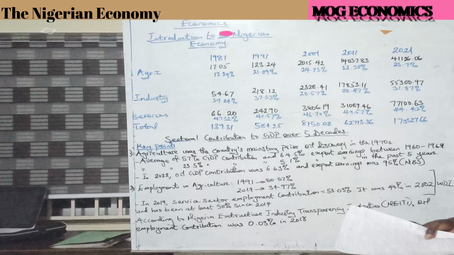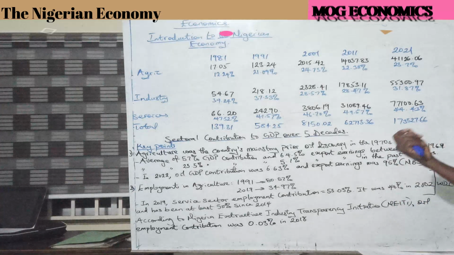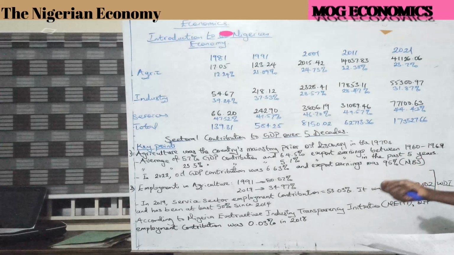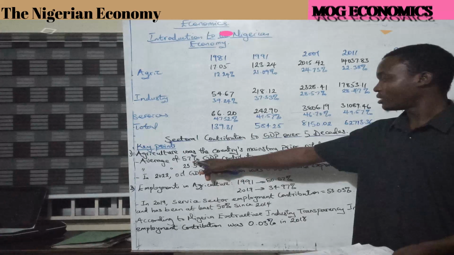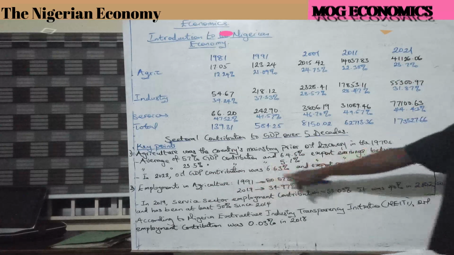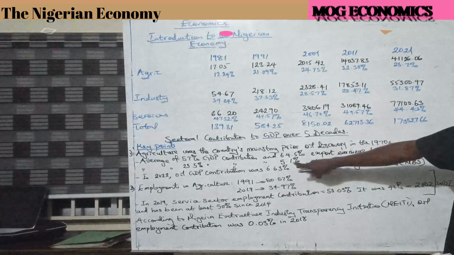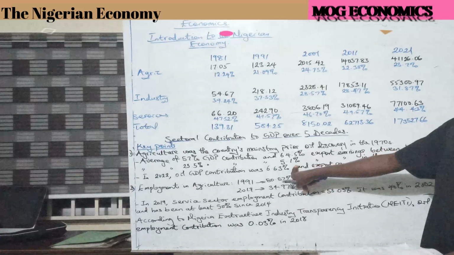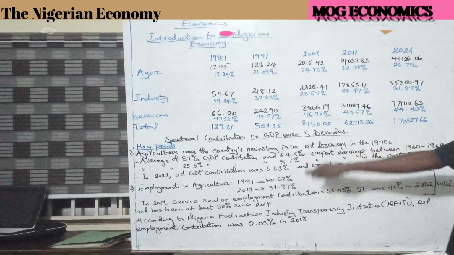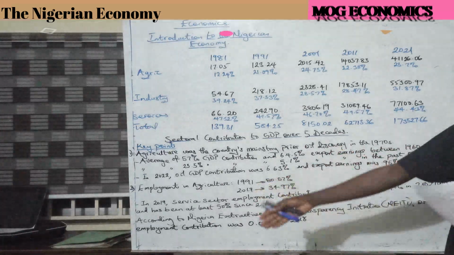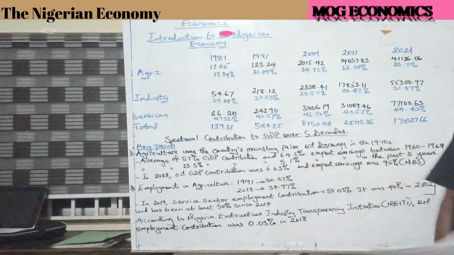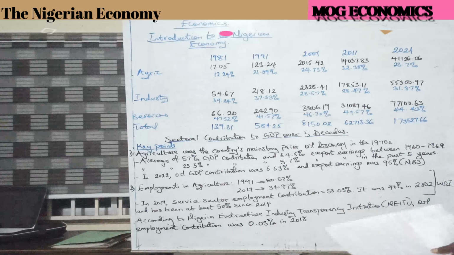From 2016, the average sectoral contribution of the agric sector to the country's GDP fell from 57% in the 1960s to 23.5%. And export earnings, which was 64.5% before, has fallen dramatically to 5.1%. Like how many percent decrease is that? This is a whole lot. So between 2016 and 2021, agric is no longer the major source of Nigeria's export earnings.